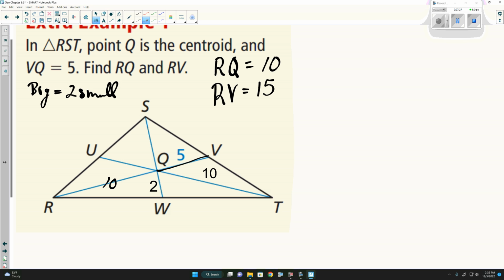Well, we can go on and fill out the rest of this. So SQ is 4, because QW is 2, and QW is the smaller length. The bigger is twice the smaller. So we can multiply it by 2 to get the bigger, which will tell us the whole length of SW.